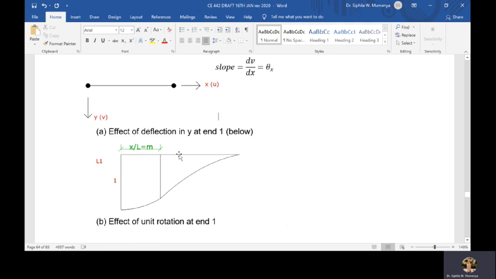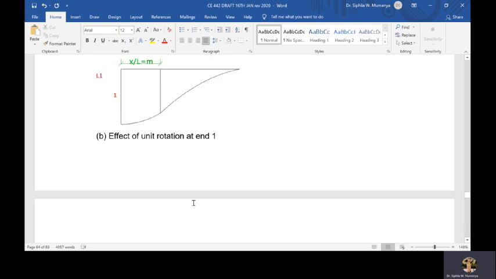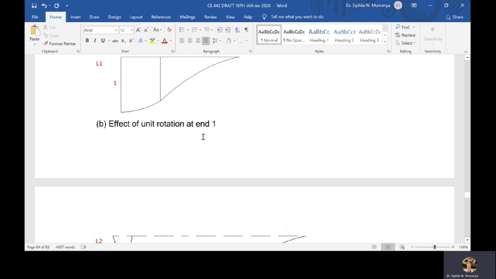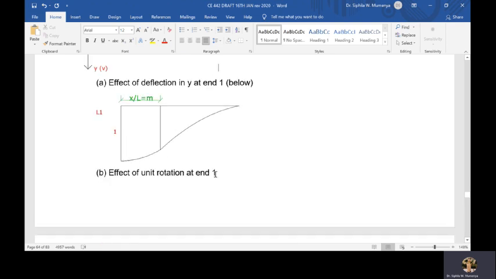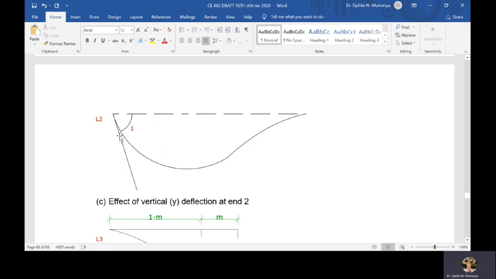So the effect of deflection in y at end 1 below. Let us give a unit deflection there at end 1, okay? The deflection in direction y there, and if it is in bending, then you see it will no longer be linear because it will have rotated at end 1. So the effect of unit rotation at end 1 will be given by that shape, okay?